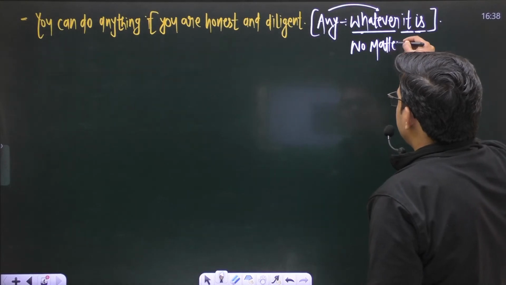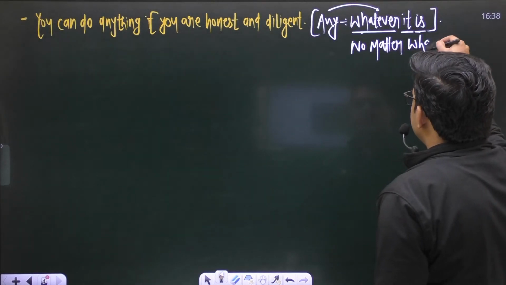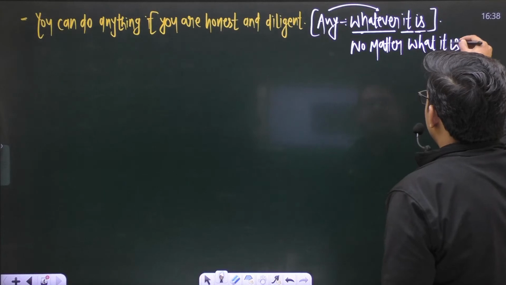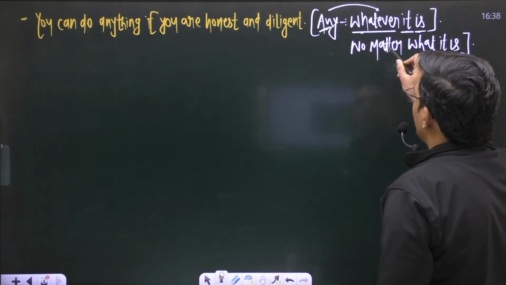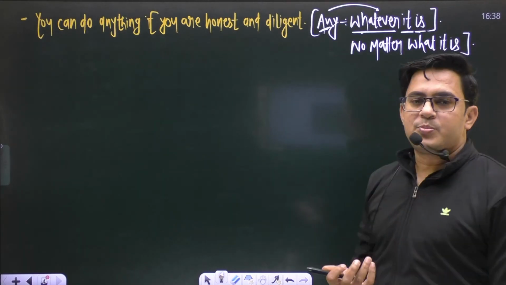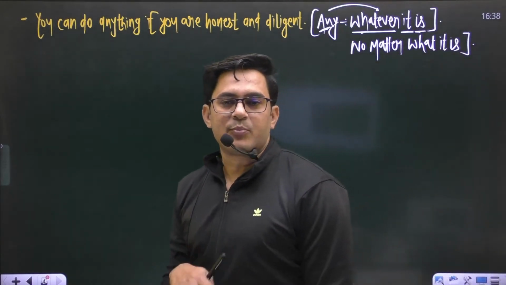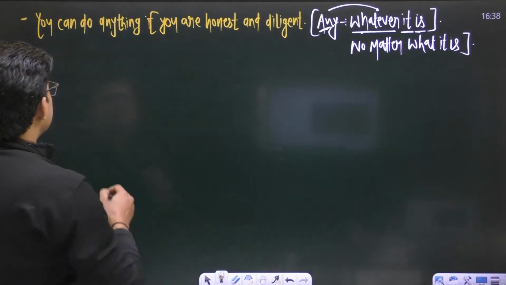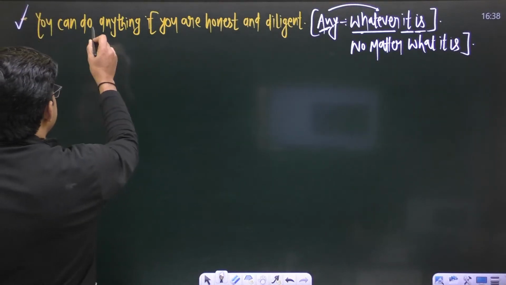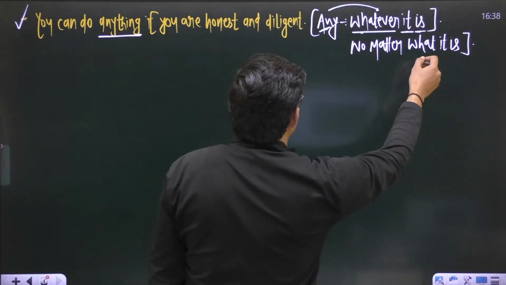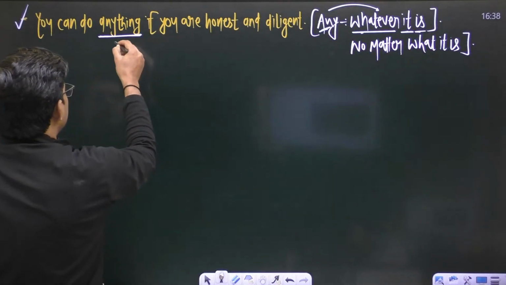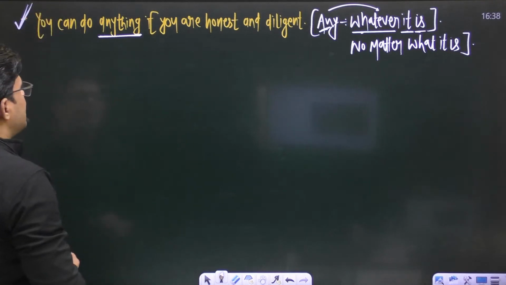This any shows its sense no matter what it is. Kuch bhi, sab kuch, to show such sense. So if you apply it in the sentence, you can do anything means no matter what it is. Everything. To show its sense, this sentence is right to say.